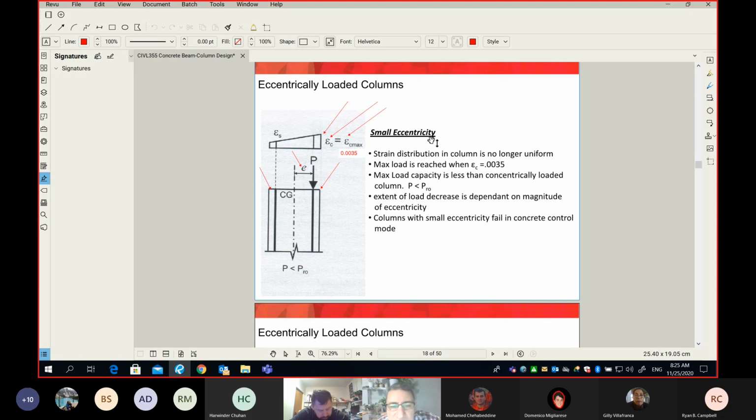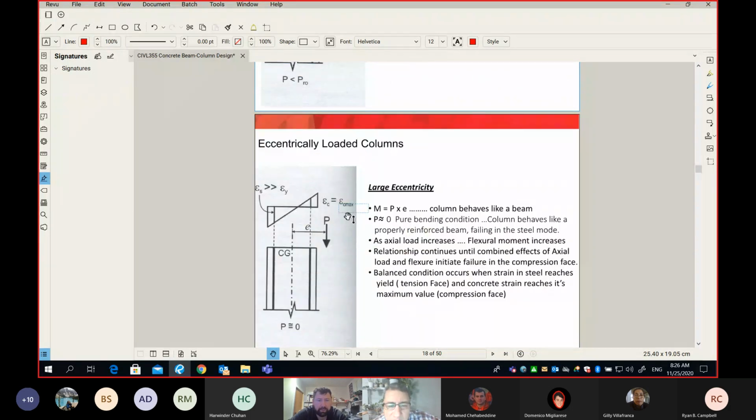As soon as the force generates a strain equal to 0.0035 on one side, the column will fail, and this failure is controlled by the concrete, which means it's a brittle failure. Would you agree? Okay, now let's move on to the large eccentricity.